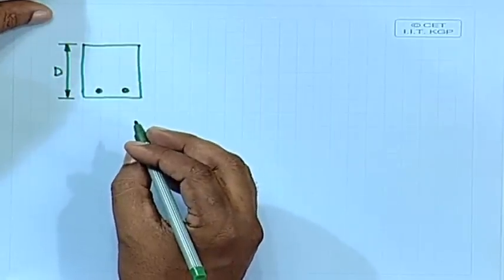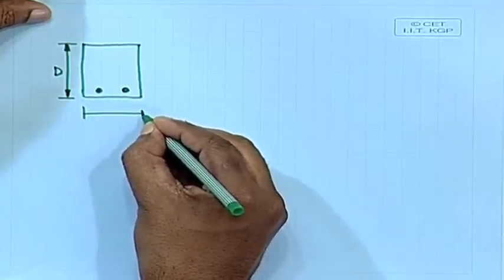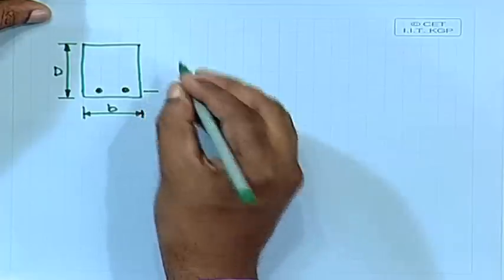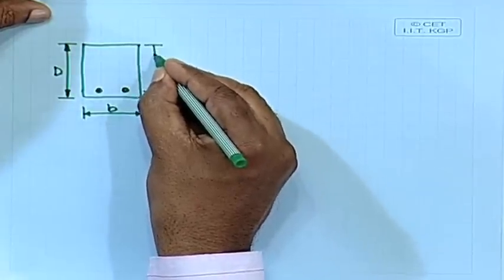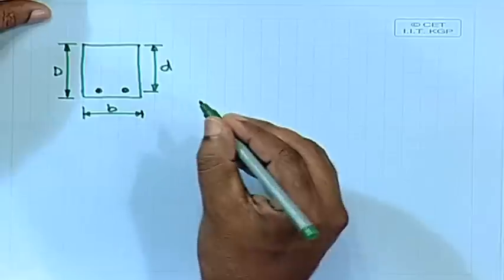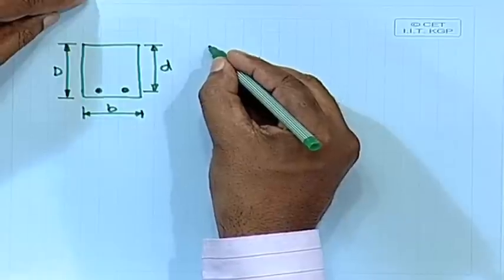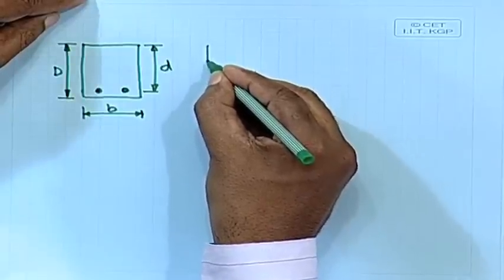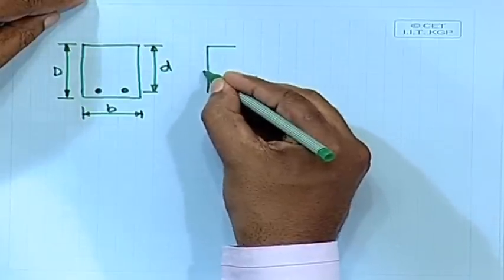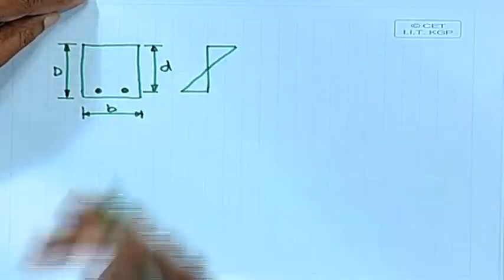The depth, we consider it as the overall depth, so overall depth capital D, width B, effective depth small d, and strain is linear.